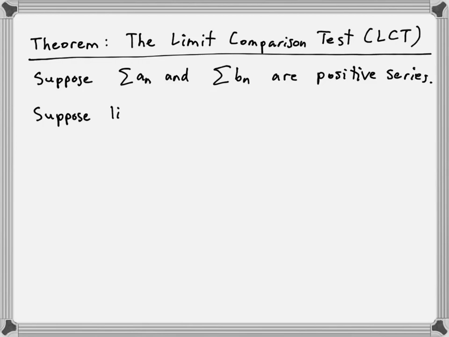So, suppose that the limit as n goes to infinity of, here's what you're going to look at. You're going to divide the terms of one series by the terms of the other series. And we want to see what this equals. So suppose this limit is equal to some number that is greater than 0 and finite.